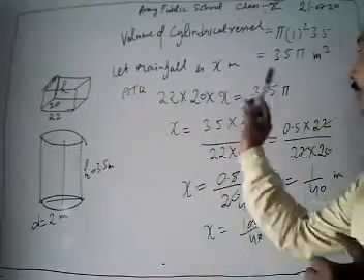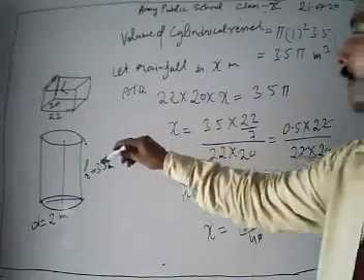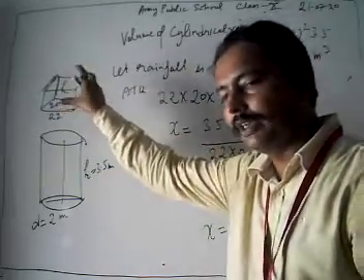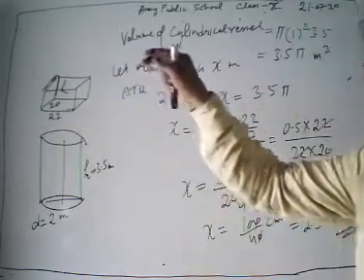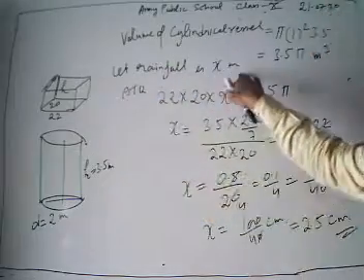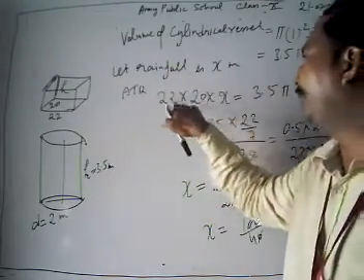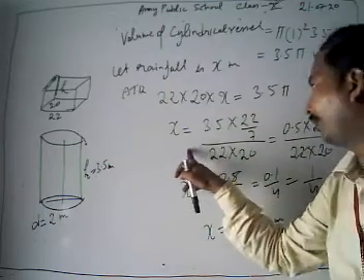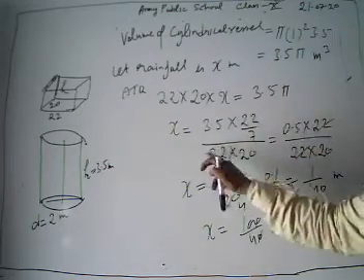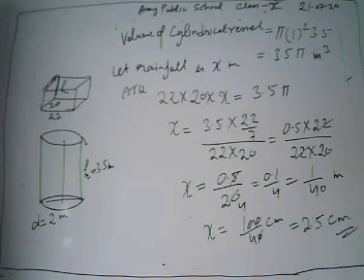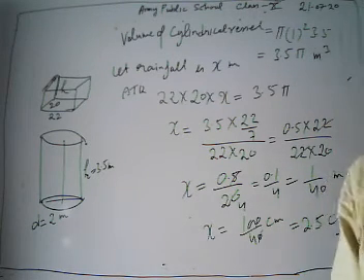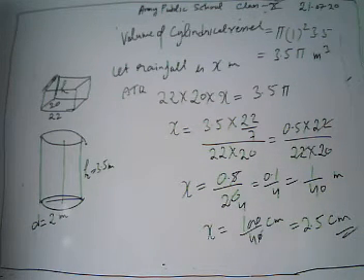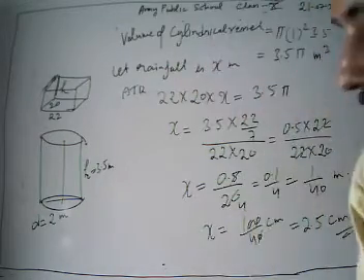Putting in all the values, this volume is equal to the volume of water collected on the roof. Suppose the rainfall is x meter. Then l into b into x is equal to 3.5 pi. Then x is 3.5 pi upon this, and after calculating we get the rainfall in centimeter as 2.5 centimeter. This is our required answer.